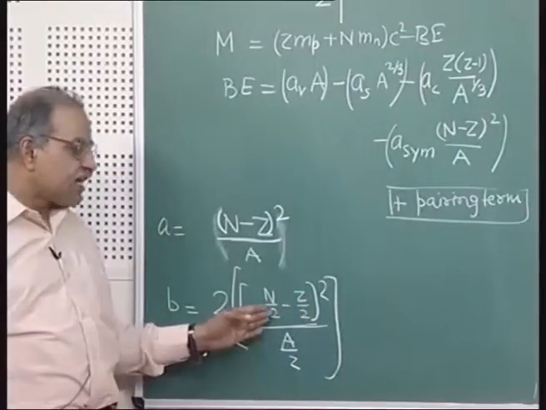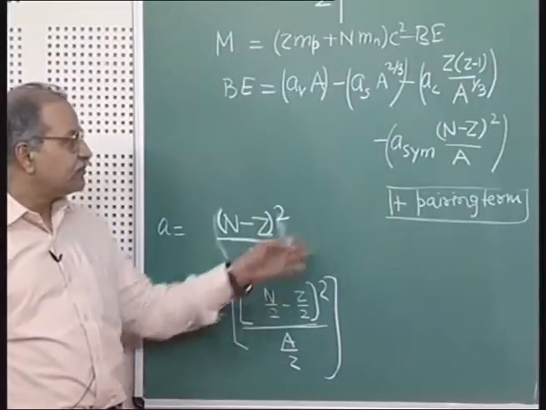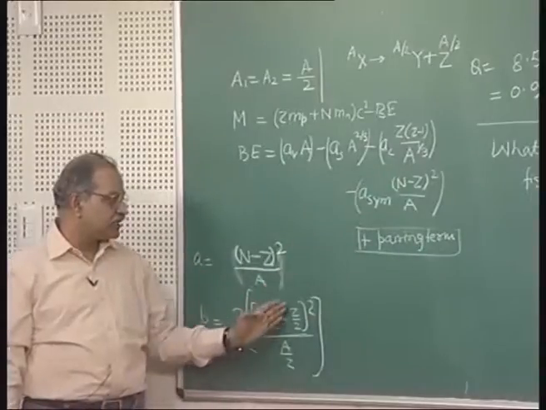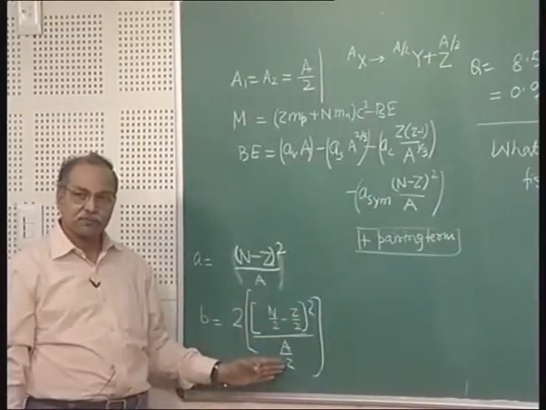So, for each fragment the asymmetry energy will be minus a_sym multiplied by (n/2 minus z/2) squared by A/2.